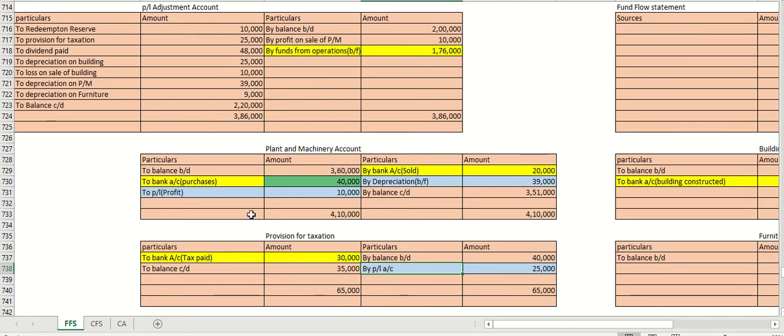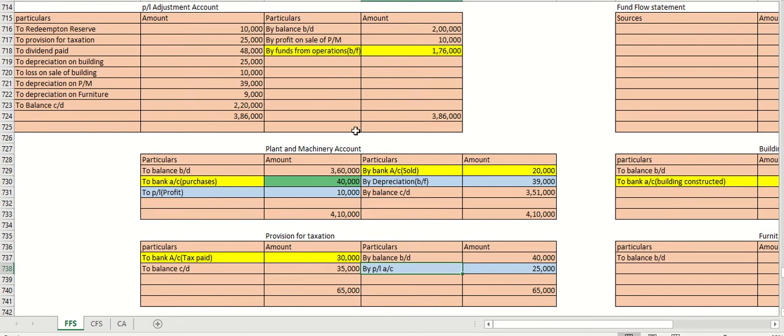Wherever there is to bank account and by bank account, that will be respectively stated or accounted in your fund flow statement as sources or applications of funds. Whatever is resembling as by profit and loss account or to profit and loss account will be stated or accounted in your profit and loss adjustment account, respectively under your debit side or under your credit side.